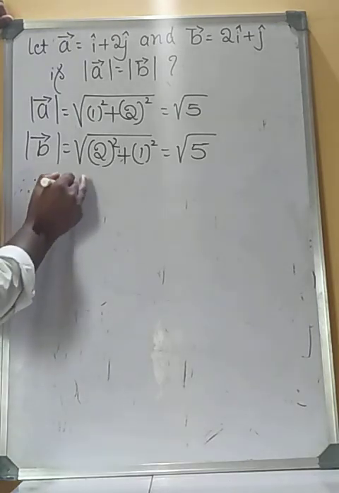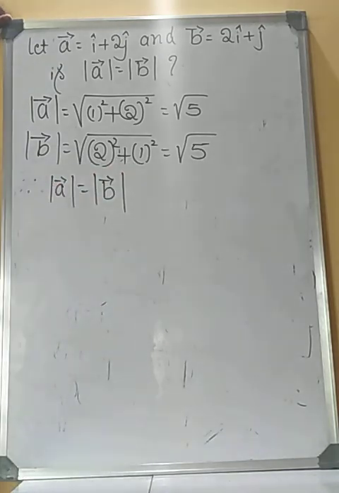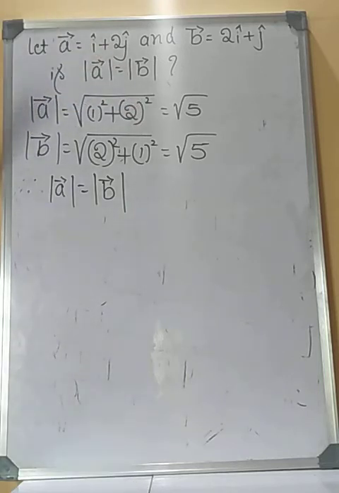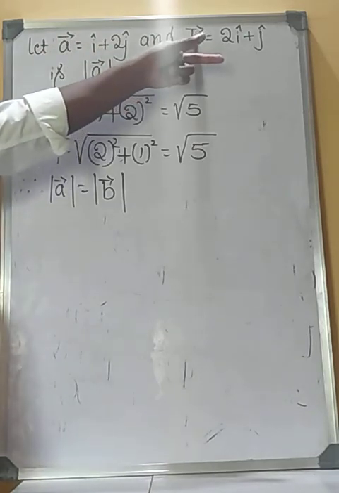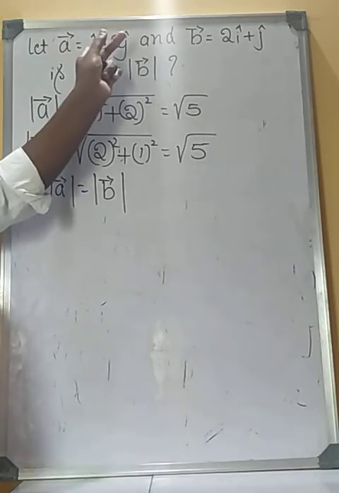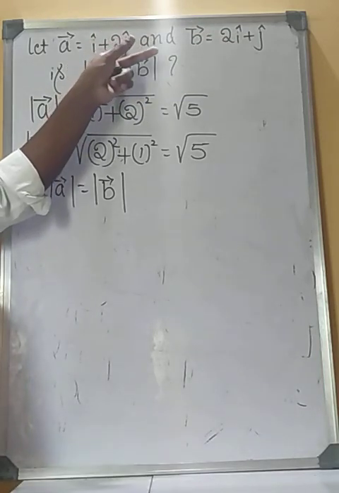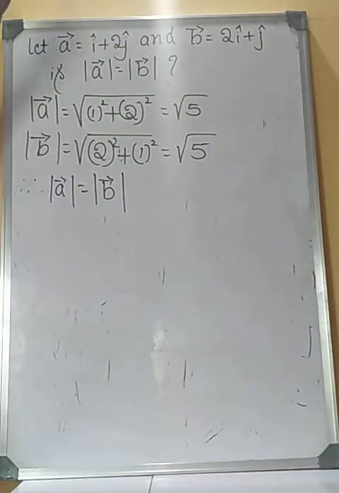Therefore, the magnitude of vector A is equal to the magnitude of vector B. Yes, the magnitudes are equal, but the two vectors are not equal because their corresponding coefficients are not equal. The i coefficient is 2 here and 1 there, and the j coefficient is 1 here and 2 there. The corresponding components are distinct.